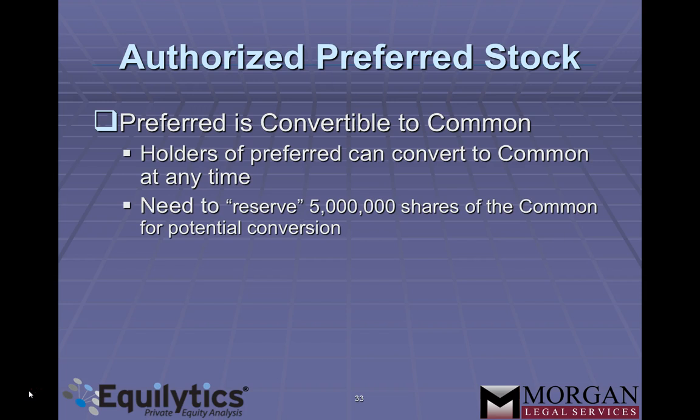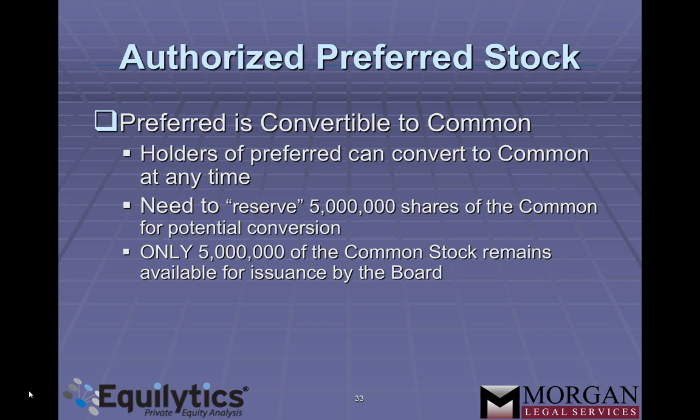Because of that, we need to reserve or set aside 5 million shares of the common stock for potential conversions. We have to have available the treasury shares, the 5 million shares of common stock, for the preferred in case they do convert, which means only 5 million of that common stock remains available for issuance by the board.